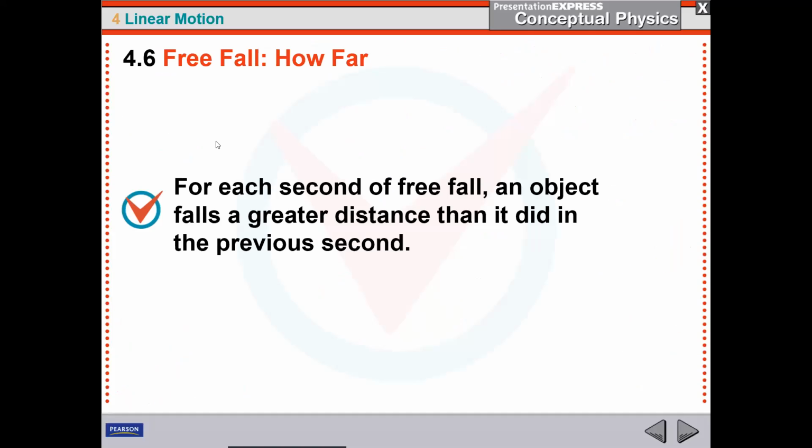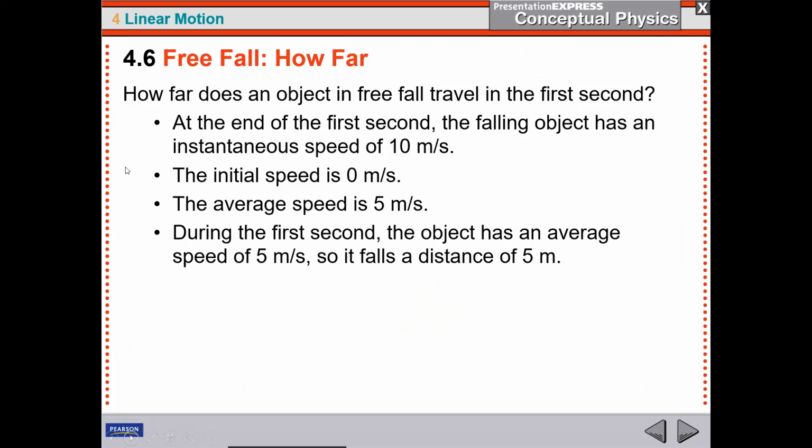So for each second of free fall, an object falls a greater distance than it did in the previous second. Now, how far does an object in free fall travel in the first second? Here now, you have a free fall.